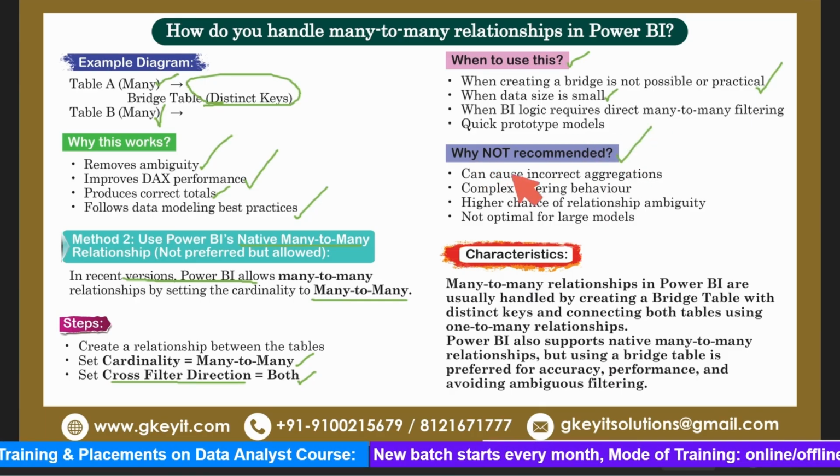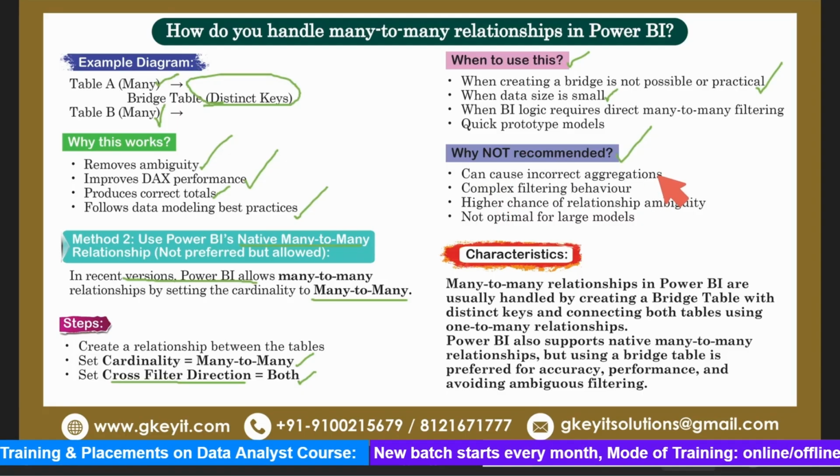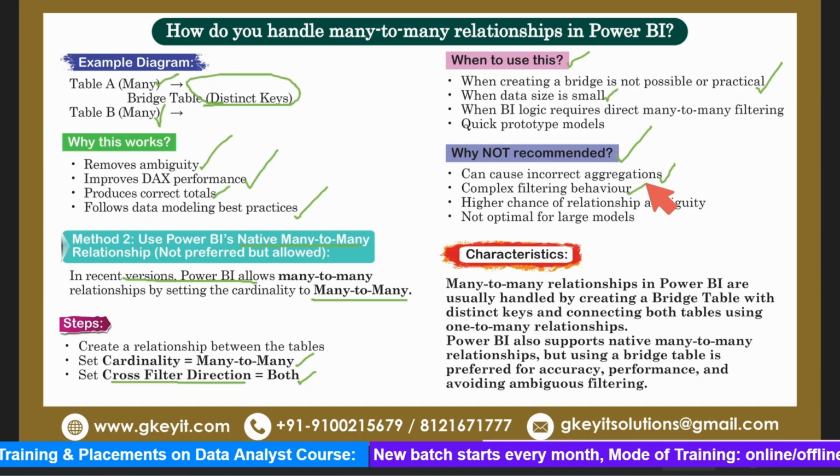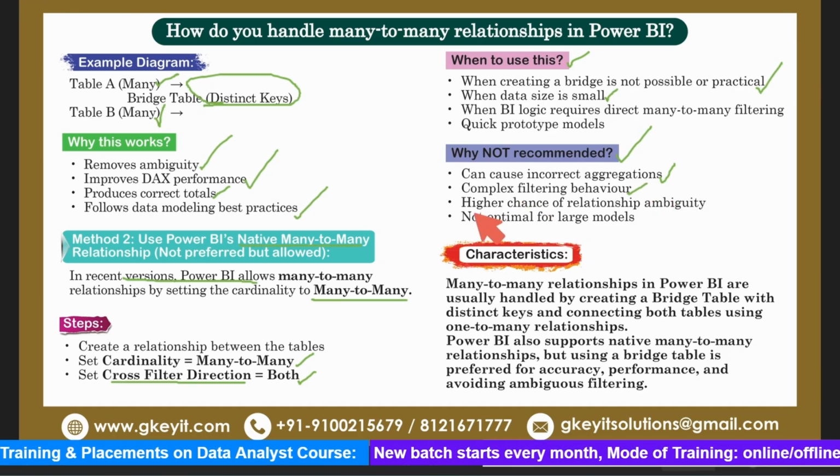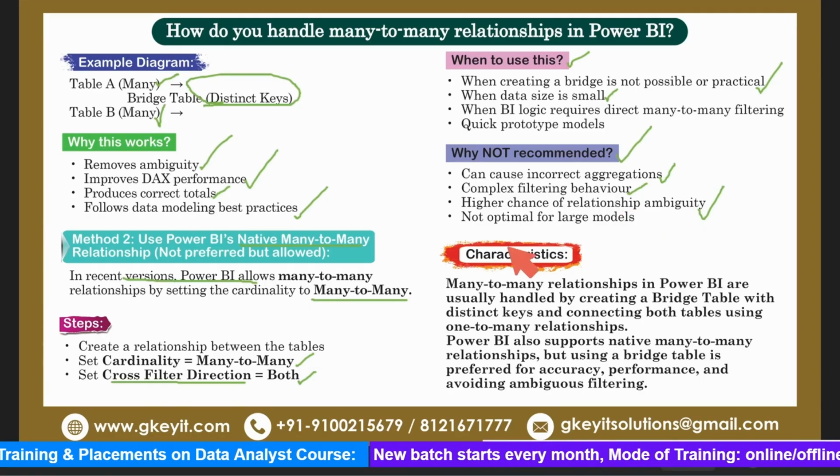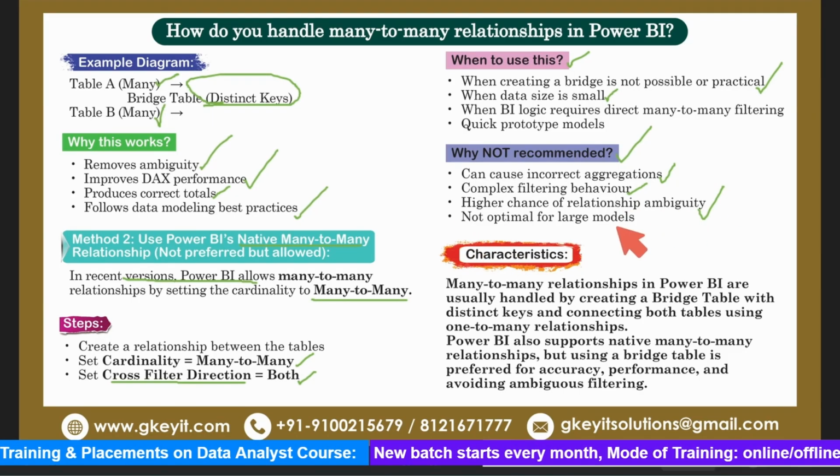Why is it not recommended? It can cause incorrect aggregations, complex filtering behavior, and higher chances of relationship ambiguity. It is not an option for large models.